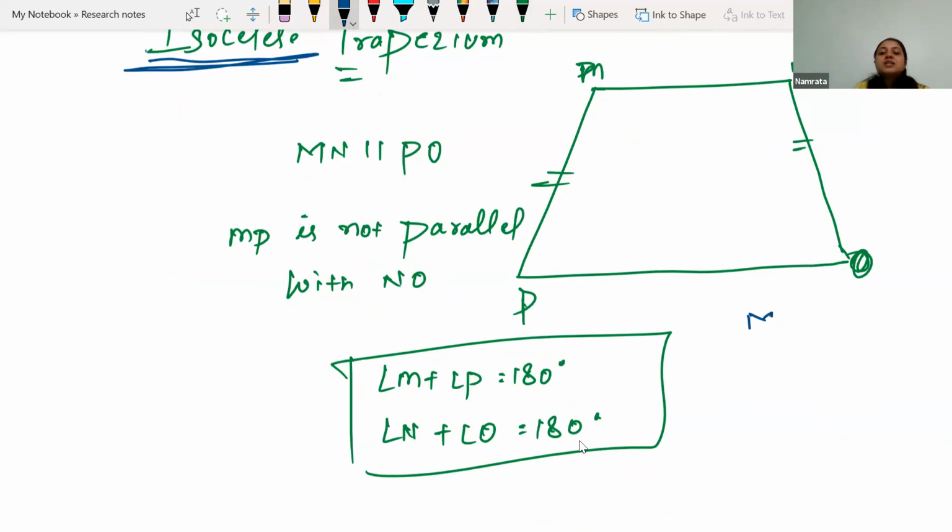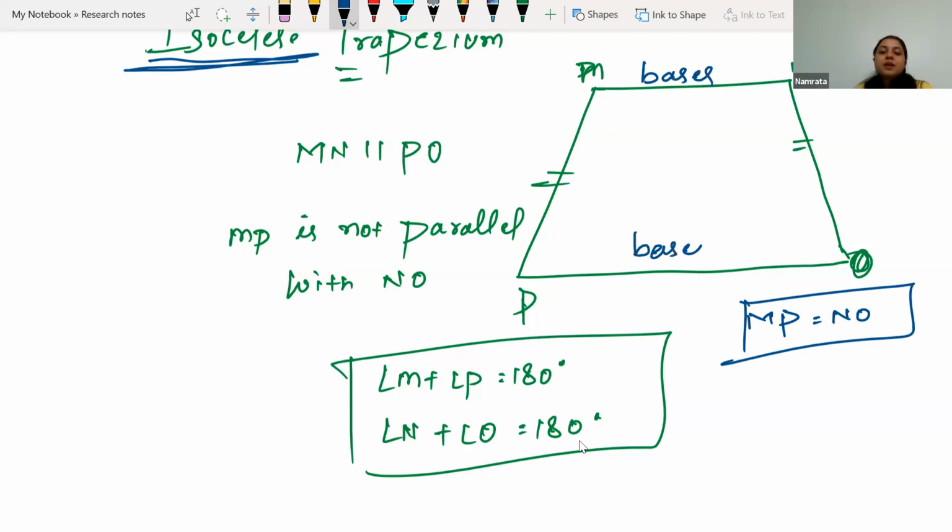The non-parallel sides are MP and NO, and these two will be equal. That's the property of the isosceles trapezium. The bases are parallel, but for an isosceles trapezium, the legs will be the same. Getting it?